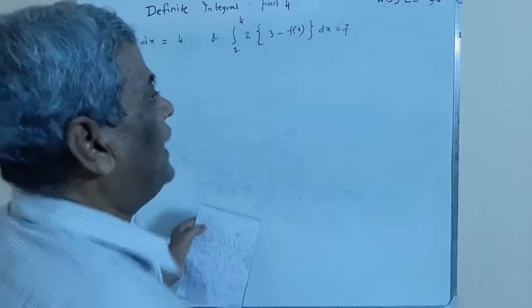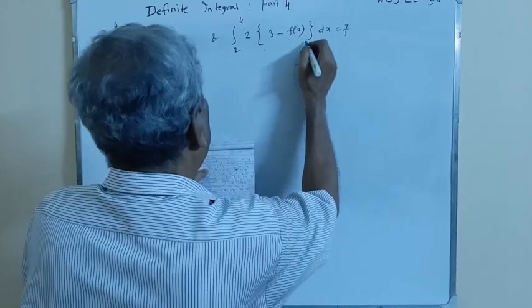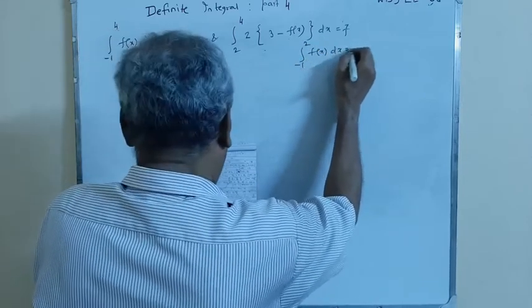Then to find the integral from -1 to 2 of f(x) dx, how much?